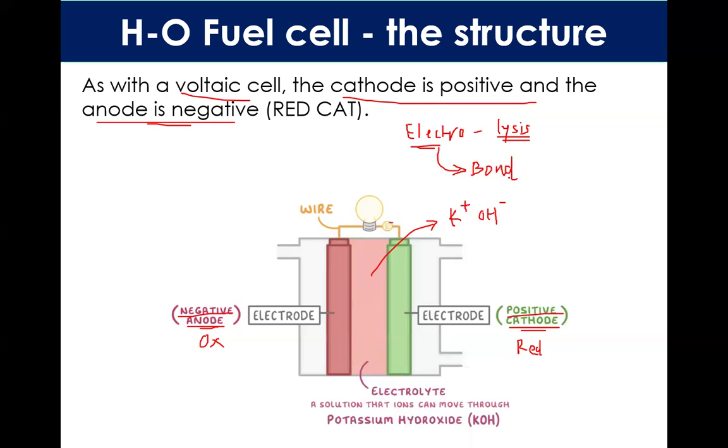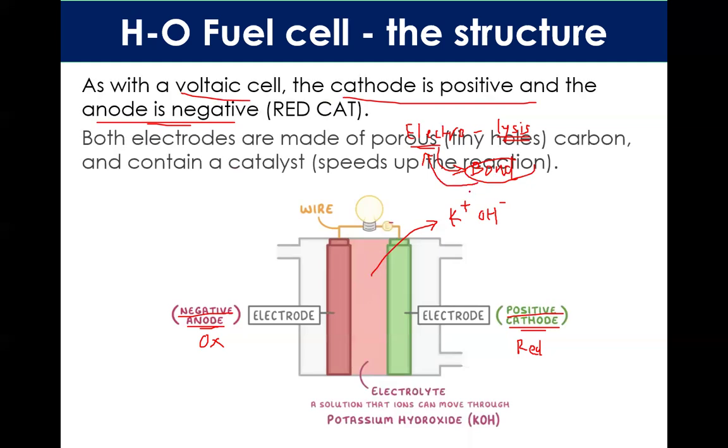But in a voltaic cell, you're using the energy of this bond to generate electricity. So it's basically the reverse of the electrolytic cell, but the working principle is the same, right? Both electrodes are made of porous material with tiny holes that contain a catalyst that speeds up the reaction.